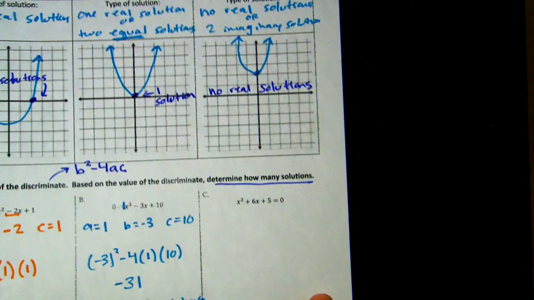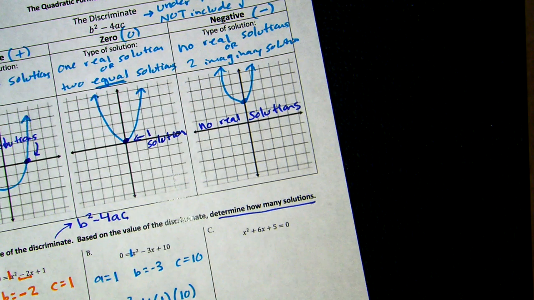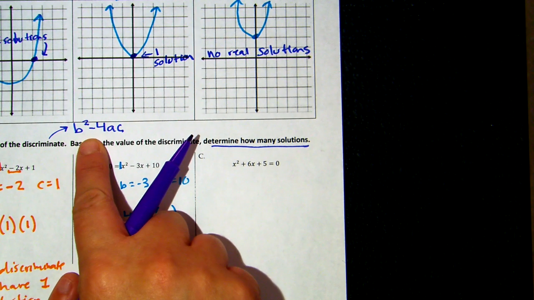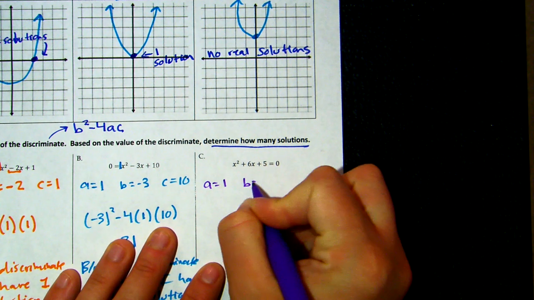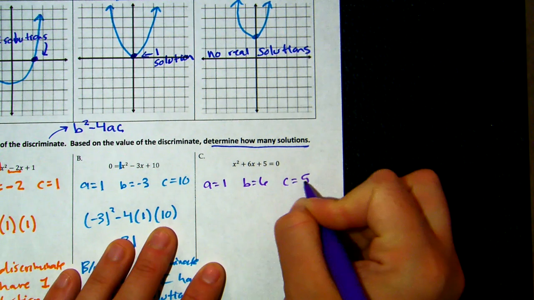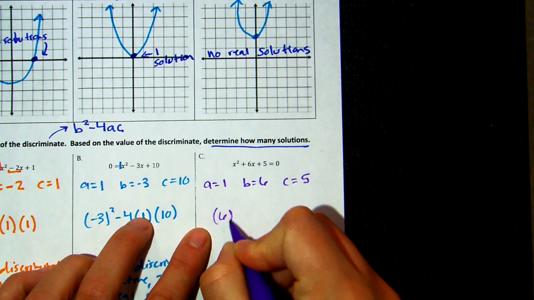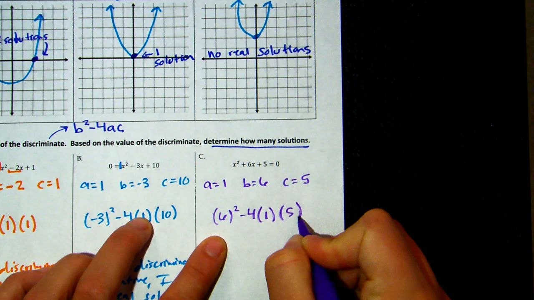And then on this very last one, good thing I have one more color left. We're just looking at the discriminant, which is our b squared minus 4ac. I'm going to label my a as 1, b is 6, and c is 5. So when I plug that in, I get 6 squared minus 4 times a times c.